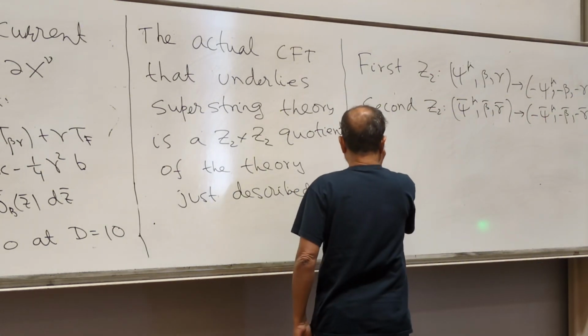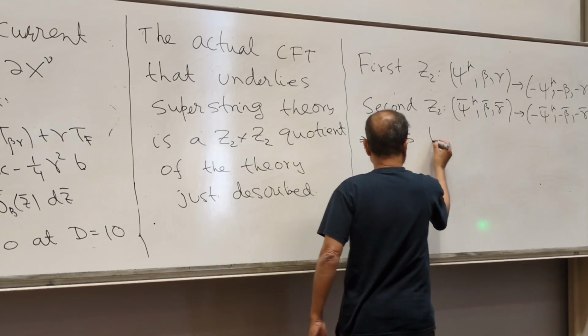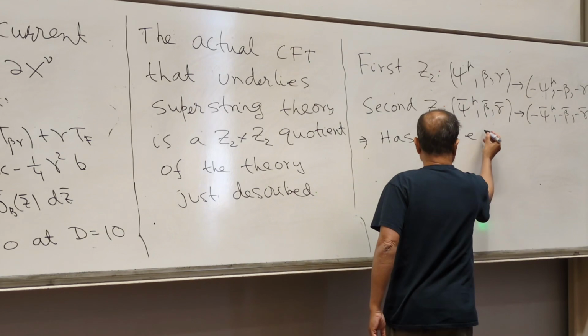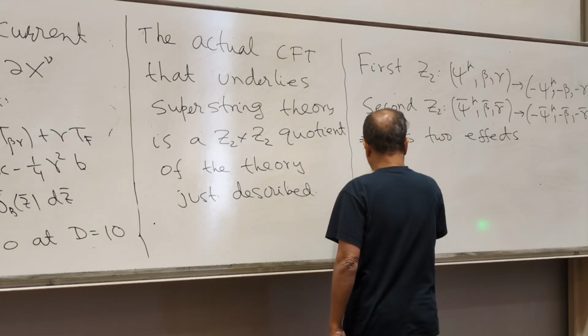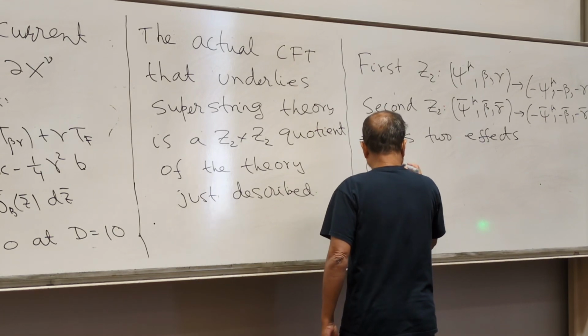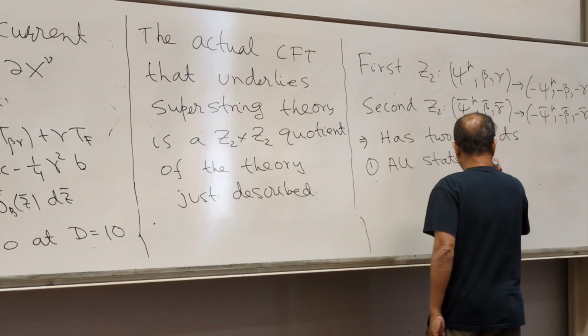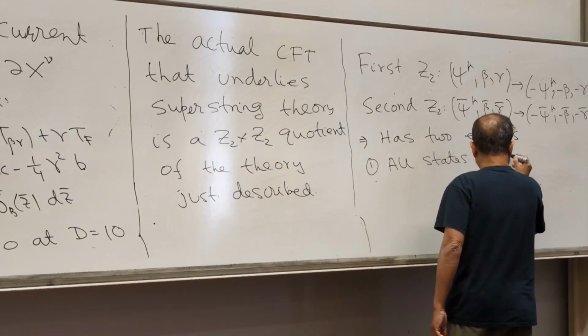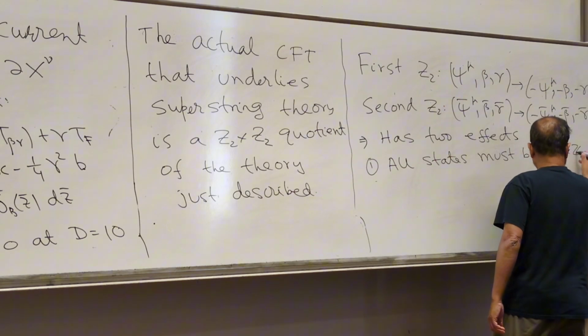So this has two effects. First one is that all states must be Z2 times Z2 invariant.